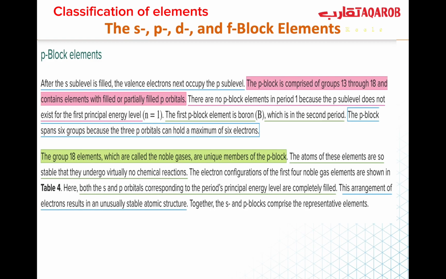Now P block. After the S sublevel is filled, the valence electrons next occupy the P sublevel. After we fill the S level, the next sublevel is P. So the P block is composed of group 13 through 18 and contains elements with filled or partially filled p orbitals.